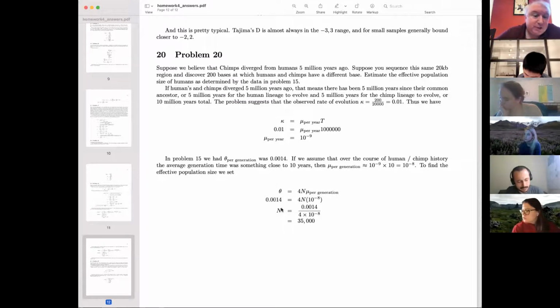But all the theory says mutation rate per generation is really what is going to matter for these calculations. It will lead to some oddities in the molecular evolutionary record that we'll probably talk about a little bit in the next chapter. Some things seem to be evolving constantly on a per year basis, not per generation basis. And that's just kind of wrong under the neutral theory.